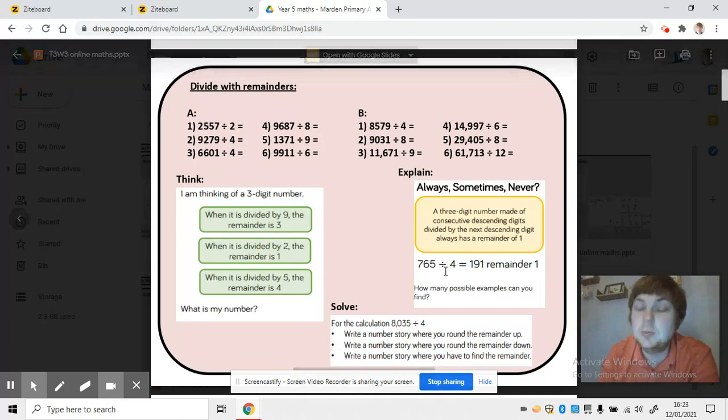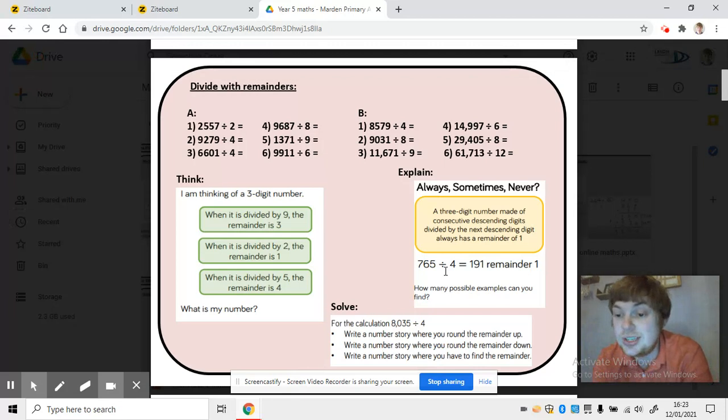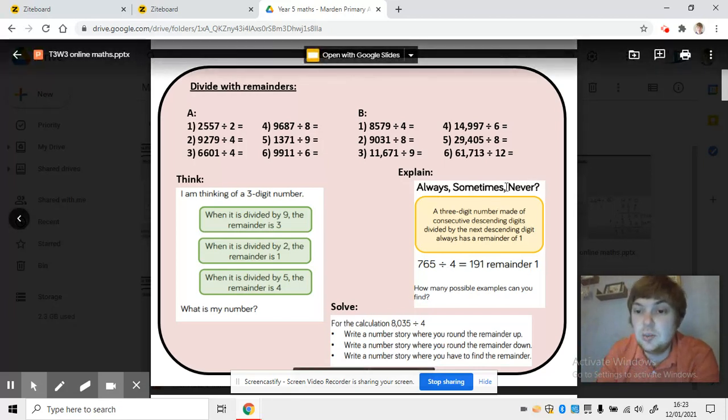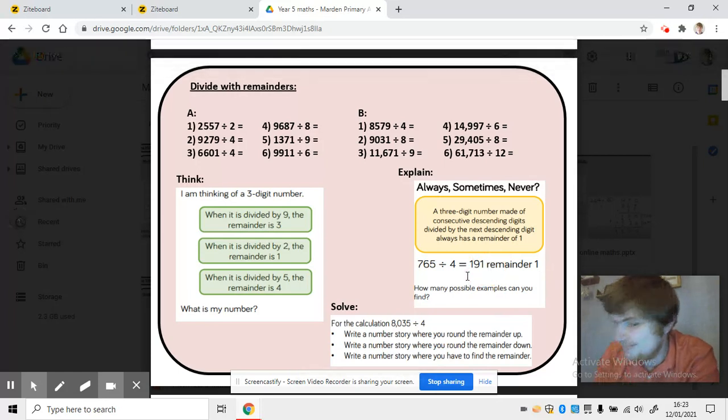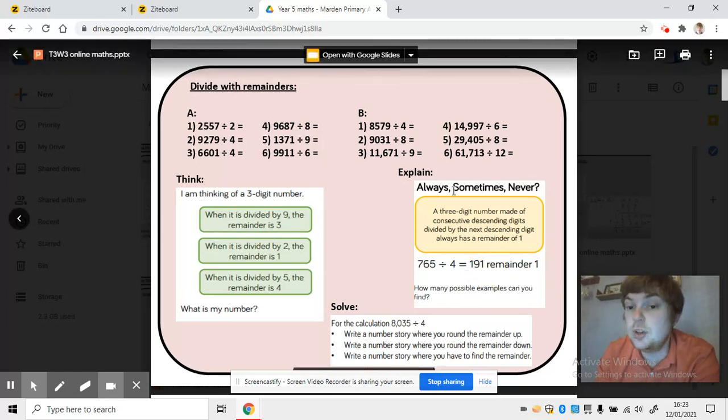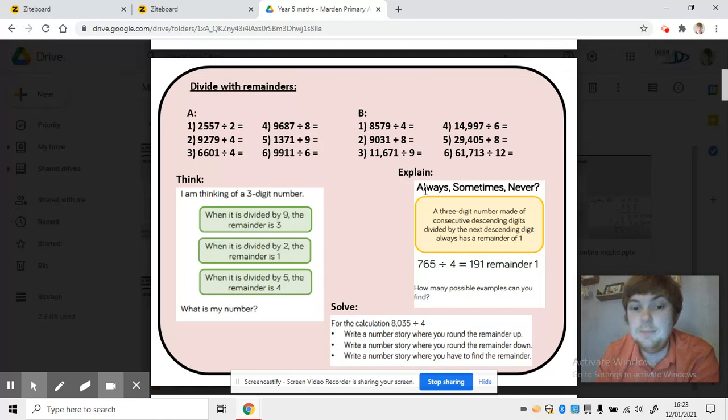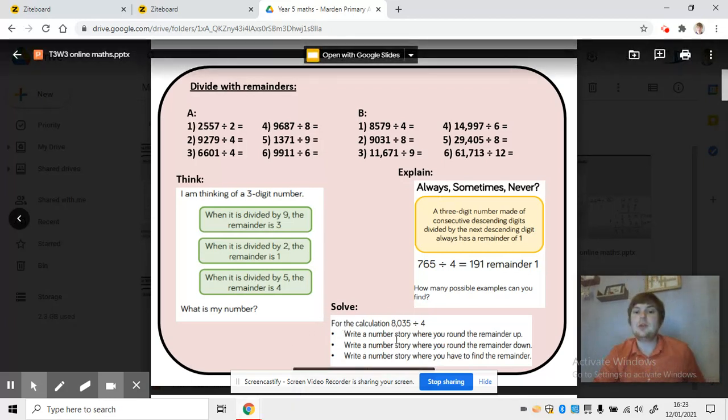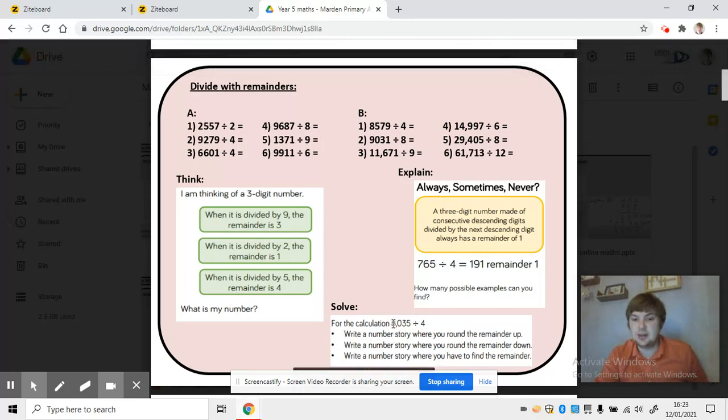So here's one example, but you're going to need to work out other examples to see whether that is the case, and to go, is it never, sometimes, or is it always? Okay?